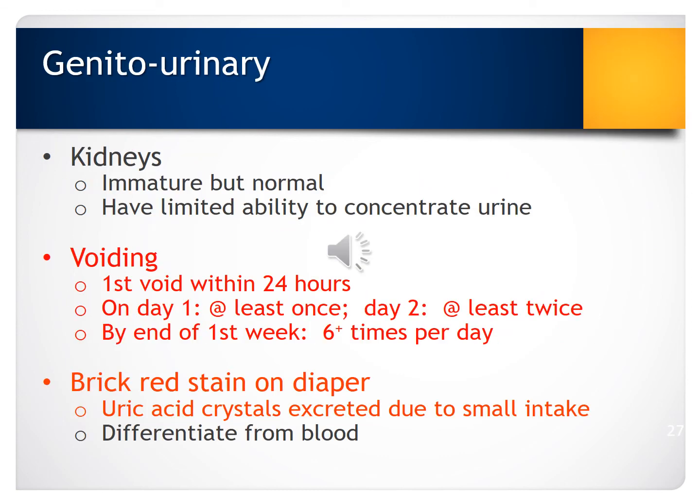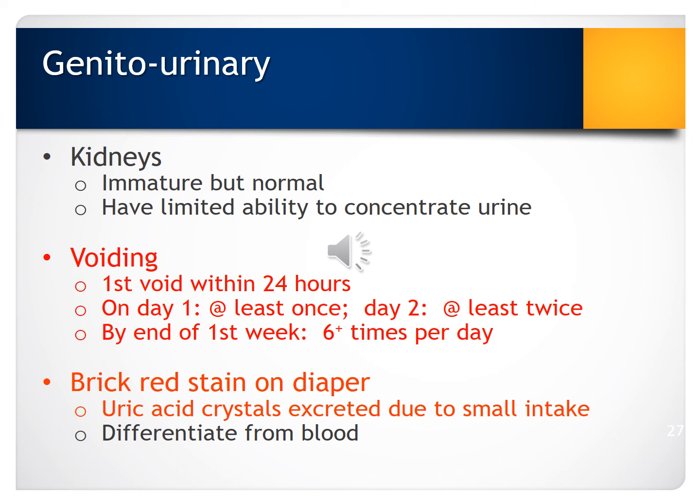Moving on to other systems that require physiological changes related to the newborn being born, is the urinary system. When you talk about voiding, a newborn should void within the first 24 hours.